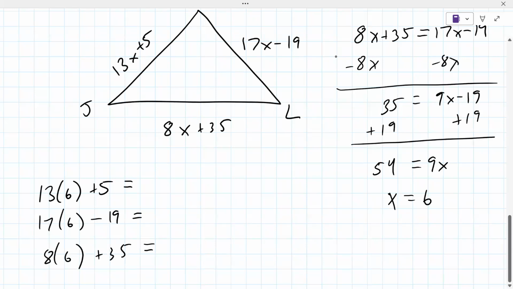Could you calculate each of those for us? Okay, the first one is 83. Right, the second one is also 83.